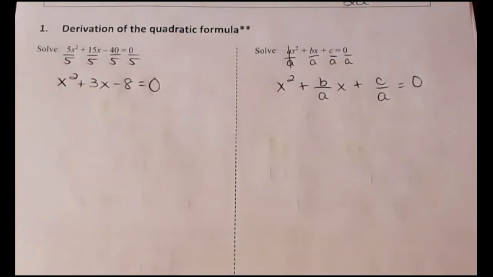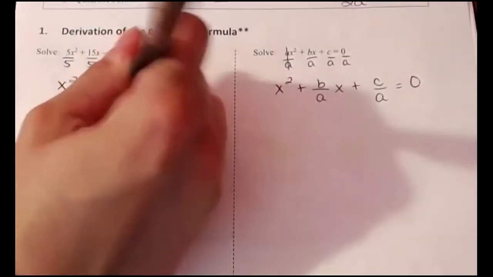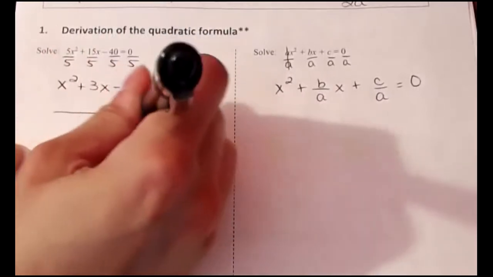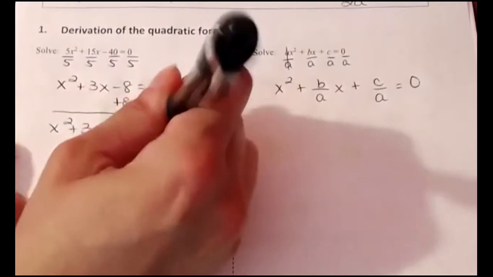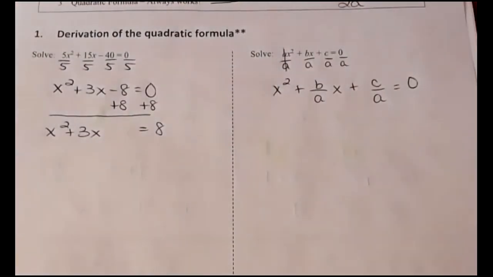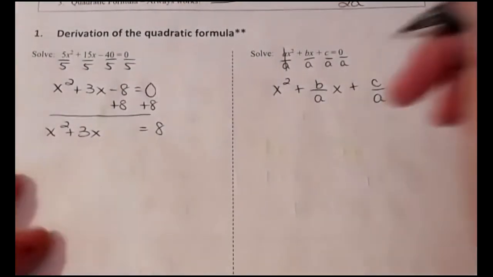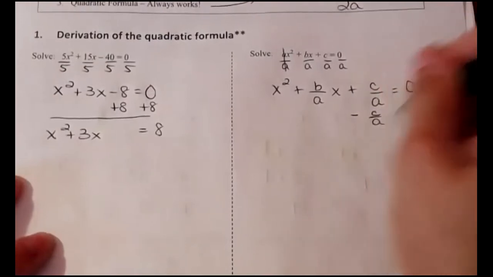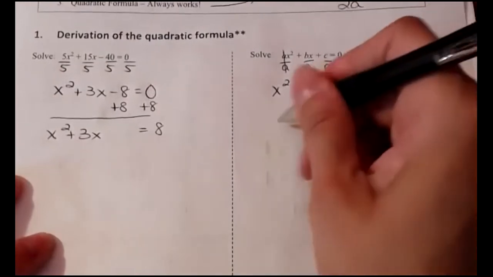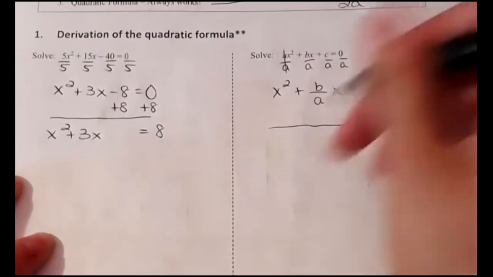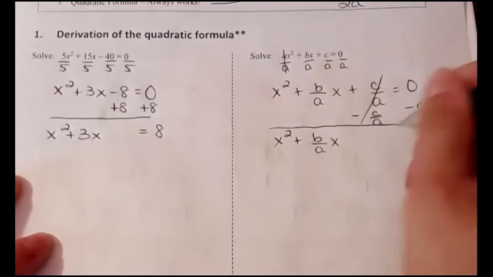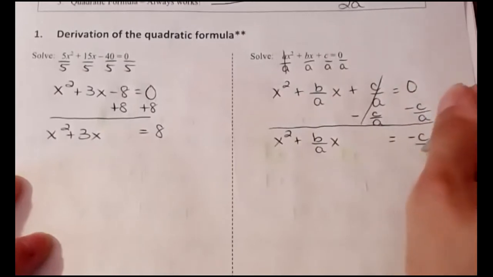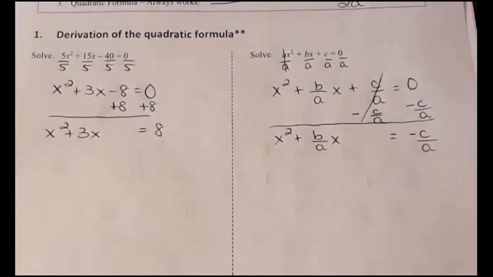So what if I start by going through the process of completing the square, something that I'm used to, right? And again, I'm going to do the same thing on the right-hand side. Let's subtract this c over a. I'm going to take a different approach here. So we have x squared plus b over a x is equal to negative c over a.